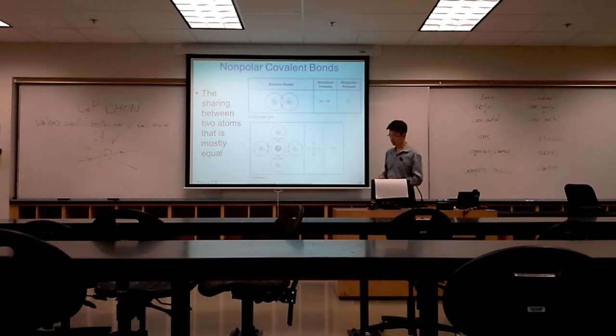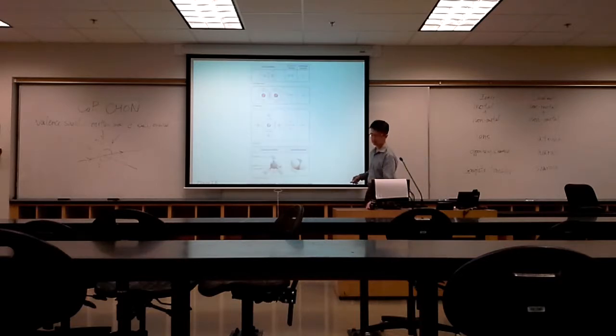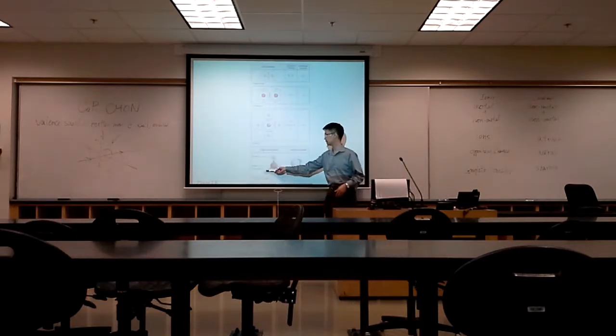Why? The reason is that, remember the tetrahedral structure here. The tetrahedral structure will balance out the electronegativity. Yes, carbon is more electronegative than hydrogen, and yes, carbon will hold more electron closer to itself.